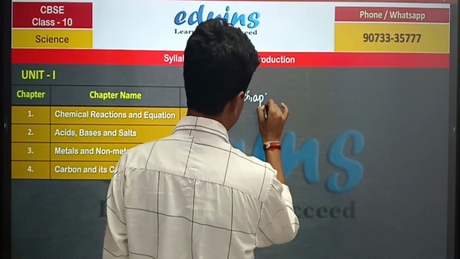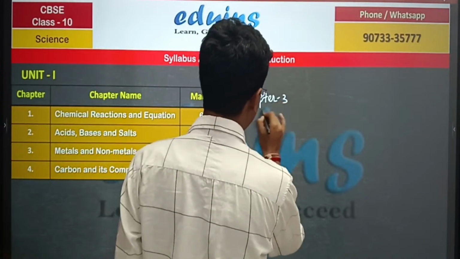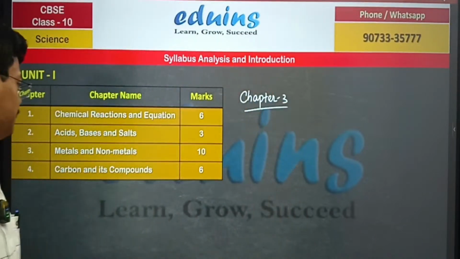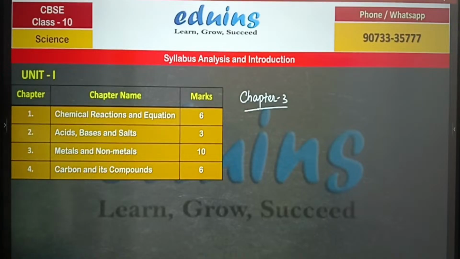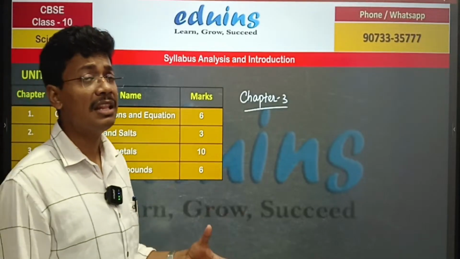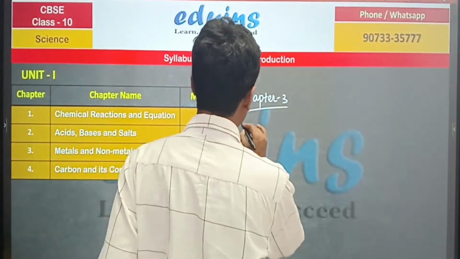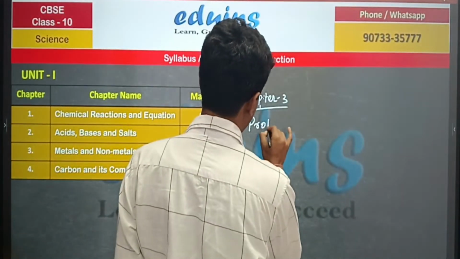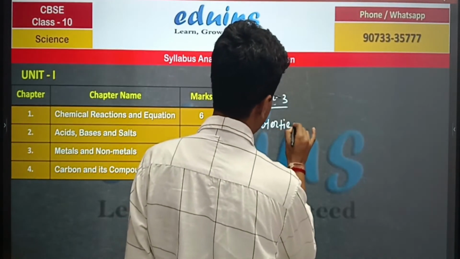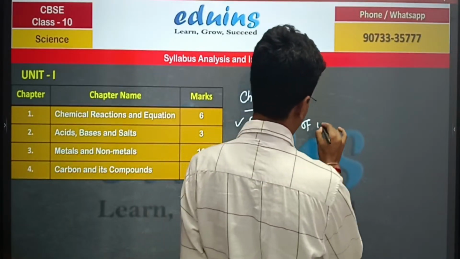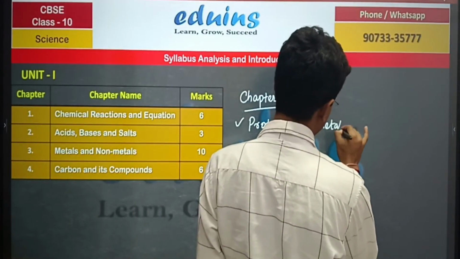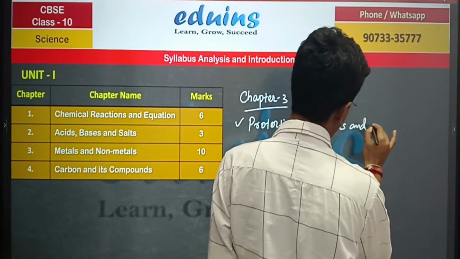Next came to the third chapter. In chapter 3, that is metals and non-metals. So here first we will study the properties of metals and non-metals.